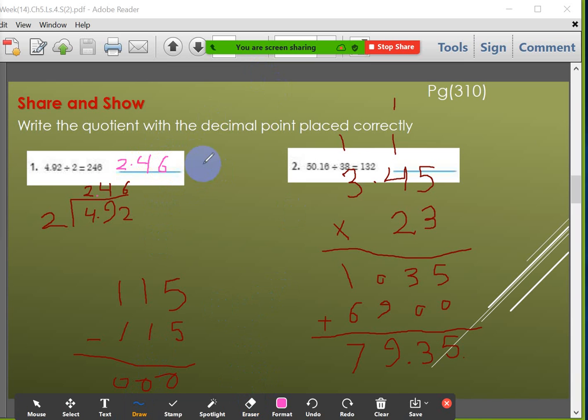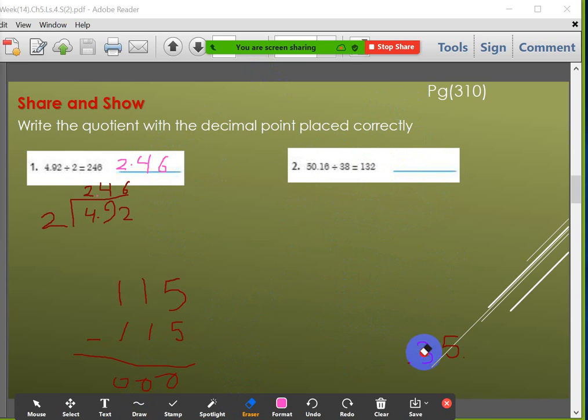Okay. Now, what about this one? I want you to divide or to place the decimal point in the correct place.